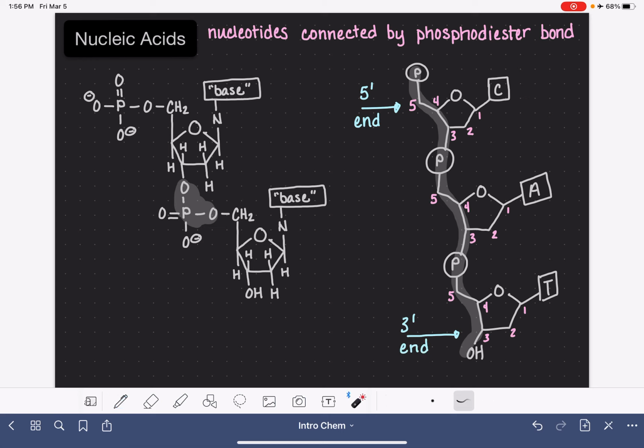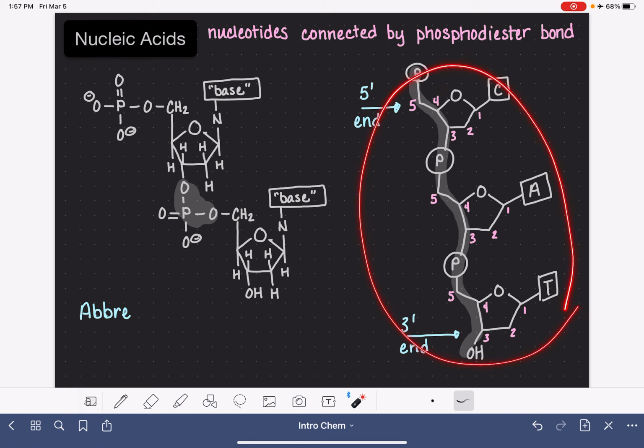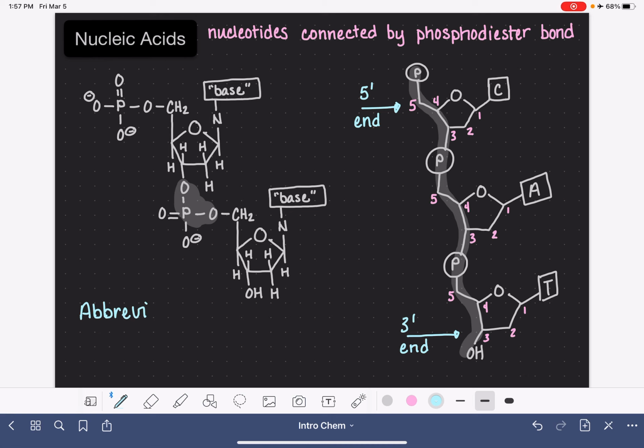Well, typically when we're writing the structure of a nucleic acid, we just simply use the one-letter abbreviations of the bases that are attached to the nucleotides, and we list them in order from 5' to 3'. So the abbreviation, if we really wanted to abbreviate this structure, because even this shorthanded structure is still pretty tedious, is going to start at the 5' end, and we're just going to write 5'.